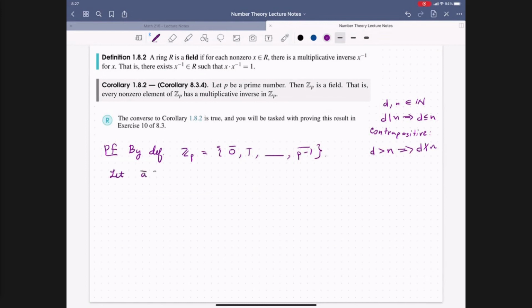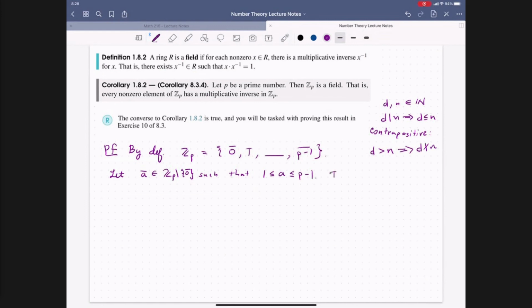One moment, I want to take a non-zero element. So I'm going to look at the integers modulo p, but remove 0. And so this is what I am doing here. I am removing 0 from that set. And so I want to go ahead and consider that a, as an integer, is between 1 and p minus 1, and the inequalities are also allowed for equality.